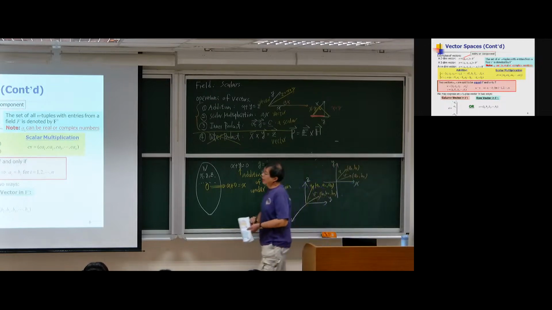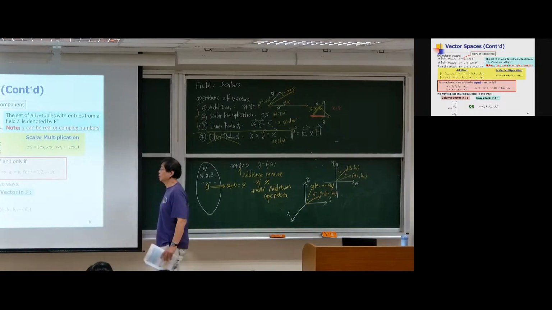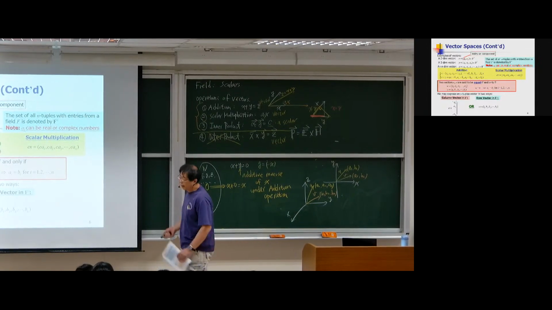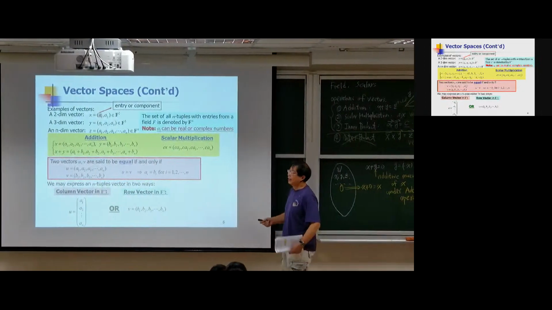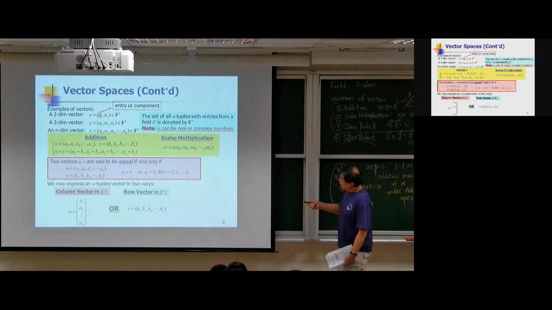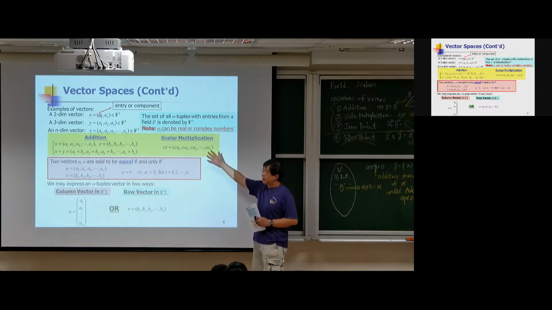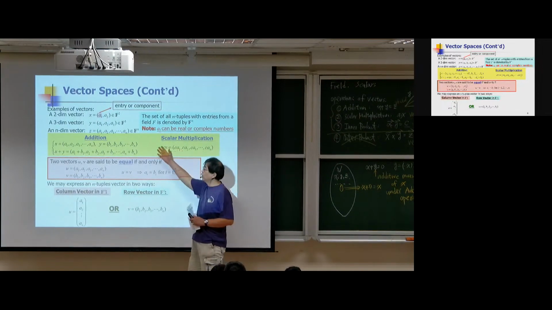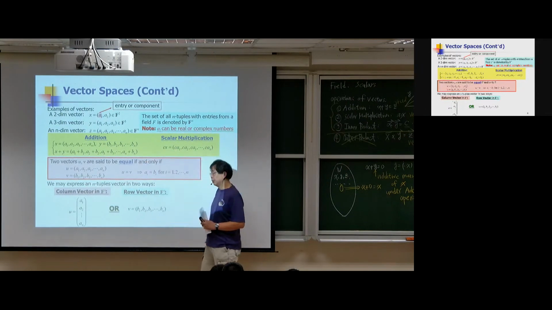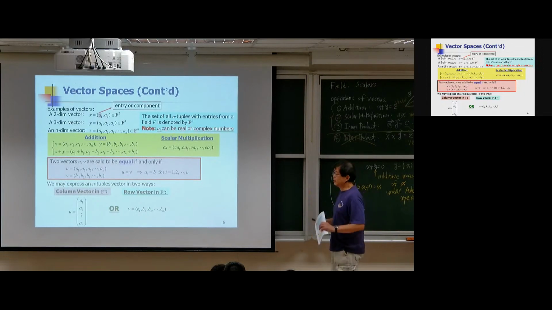So we have the definition of addition of two n-dimensional vectors. For scalar multiplication, each element is extended by c times, so cx equals (ca1, ca2, ca3 to can). So we have the definition of scalar multiplication and the definition of addition. And now we have to define when two vectors are identical.